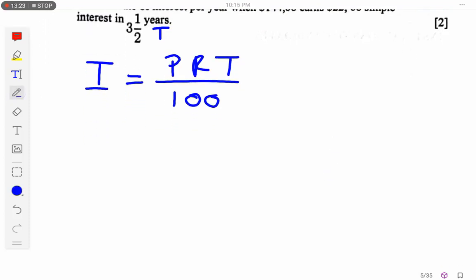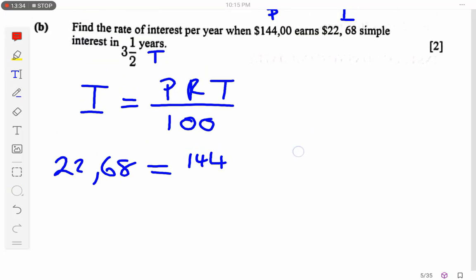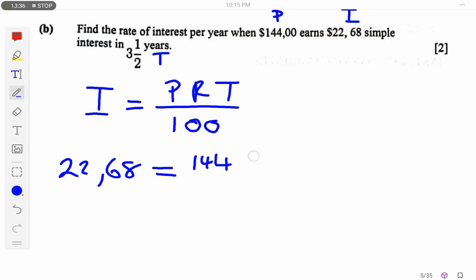Now let's substitute what we have. It's easier that way. So our interest, we said, is 22.68 is equal to our principal was 144. Then times rate, we don't have our rate. Then times our time, which is 3.5.